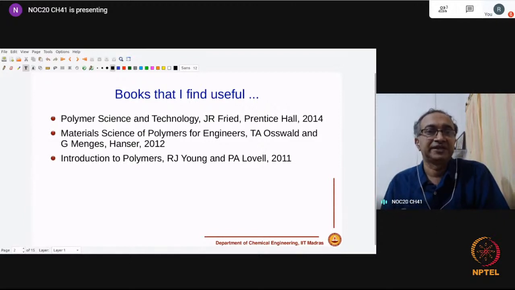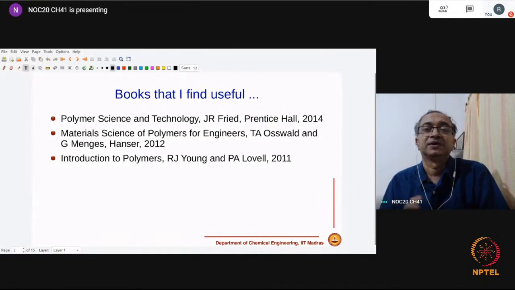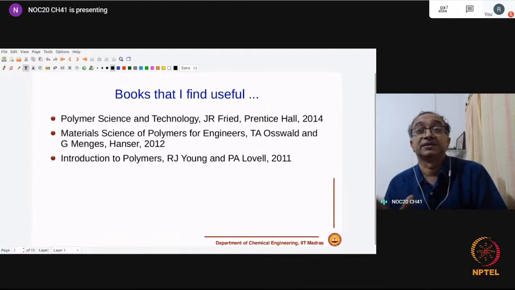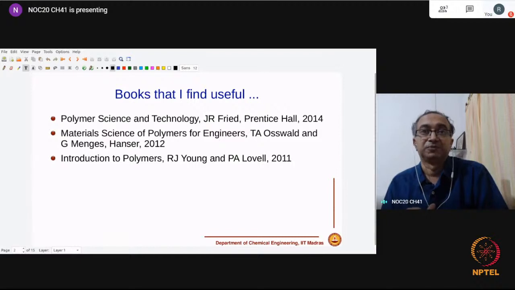The book by Fried, Polymer Science and Technology, is a very good introductory text, and it covers all the areas very well with good illustrations. Material Science of Polymers for Engineers is again an excellent book with a strong focus on engineering, material properties, processing, rheology. It has very colorful illustrations, and so that is a very good book also. The Introduction to Polymers by Young and Lovell is a classic book, which again focuses a lot on synthesis and then basic characteristics of these polymers.